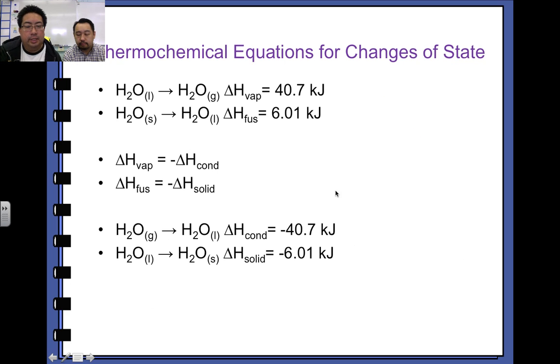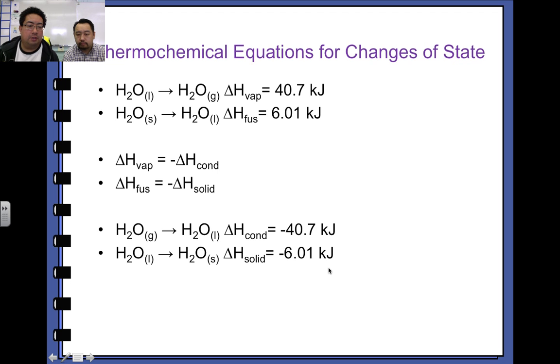And so, as we stated before, here's our value for water for vaporization and fusion. And as we said before, the delta H's are equal and opposite to each other with respect to vaporization and condensation and to fusion and solidification. So notice how the positive values for vaporization and fusion are equal and opposite with respect to condensation and solidification.